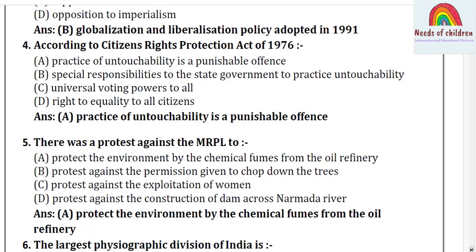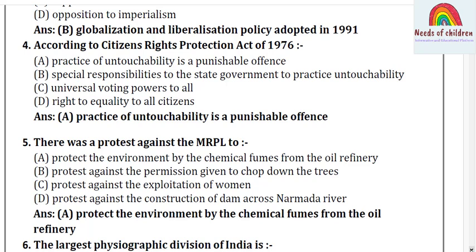The right answer is option A, practice of untouchability is a punishable offence. Okay students, this question is from sociology, social stratification. You need to concentrate on multiple choice questions from sociology, social stratification.